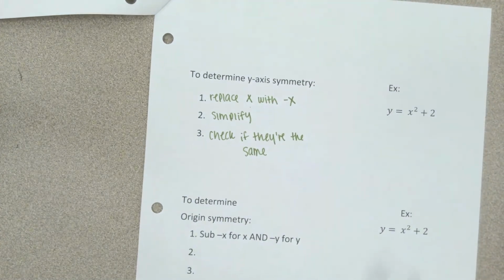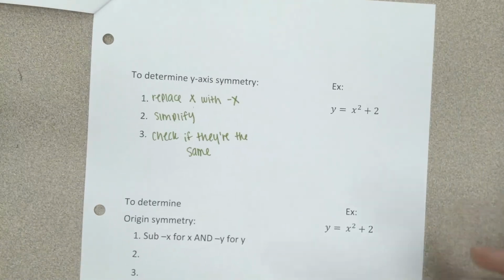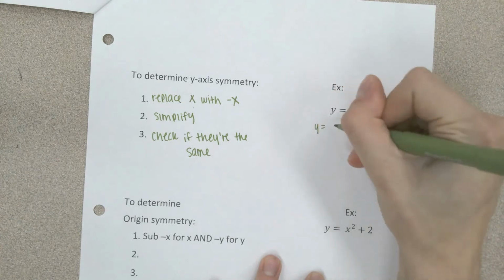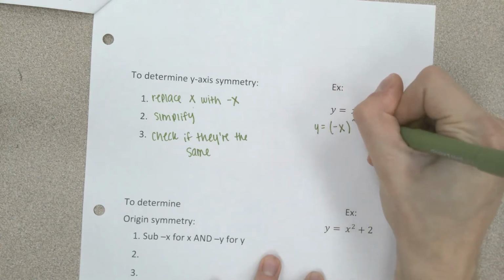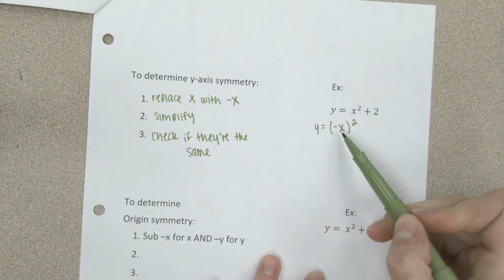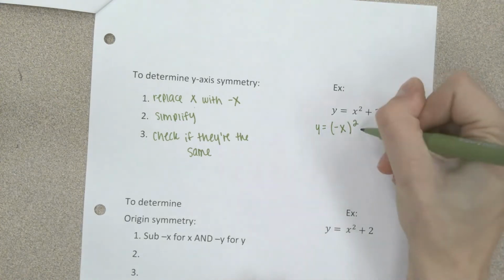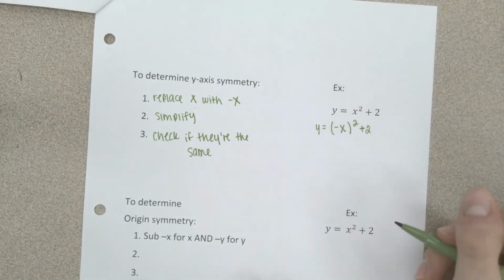Okay, so looking at this example right here, our first step is to make x negative. Okay, so we're just replacing x with negative x and leaving the rest of the equation the same.